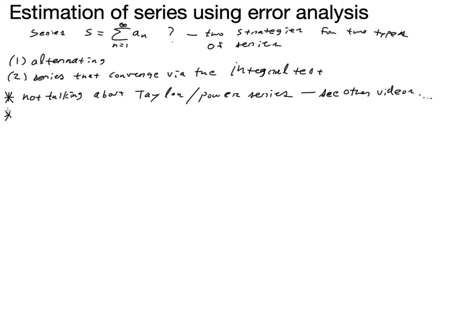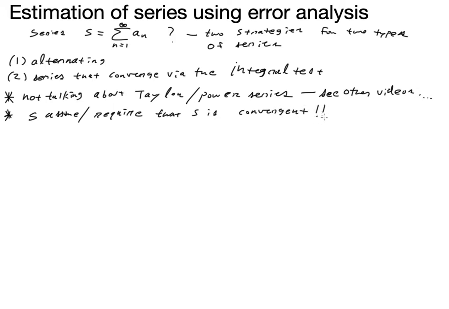And the other thing we're going to make sure to note here is that S, our series in question, we can assume or require that the series S is convergent.